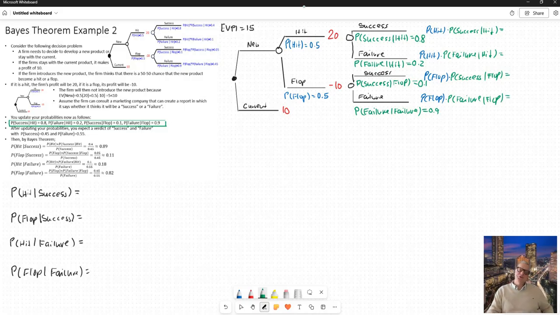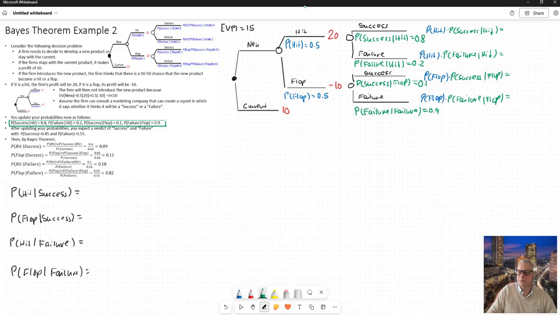Okay, so this is where we stand so far. So we can actually multiply through what those probabilities are. That basically tells you what's the probability that you approach a marketing company with a hit, and then, times your subjective probability that they come back with a success.